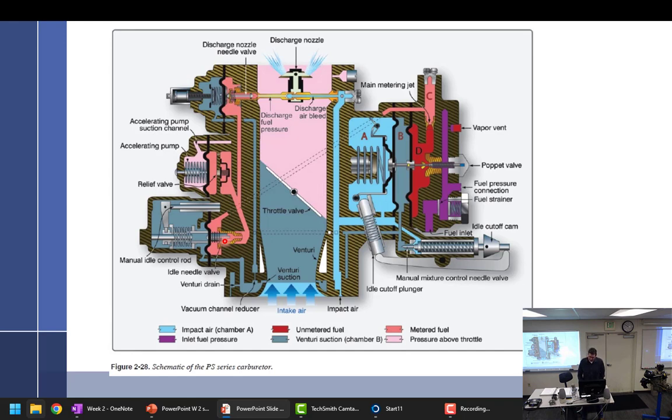As the throttle is opened, the idle needle valve opens and does not regulate fuel. It's now larger than the main metering jet. So once this down here is larger than the main metering jet, the metering jet does all of the metering. Before that, this is smaller, so it does the metering. Fuel flows next to the discharge nozzle needle and then to the discharge nozzle.